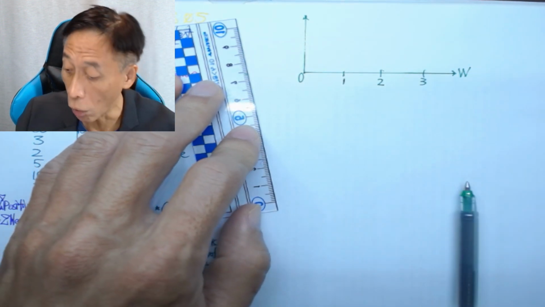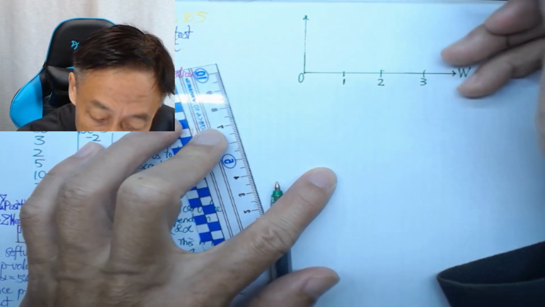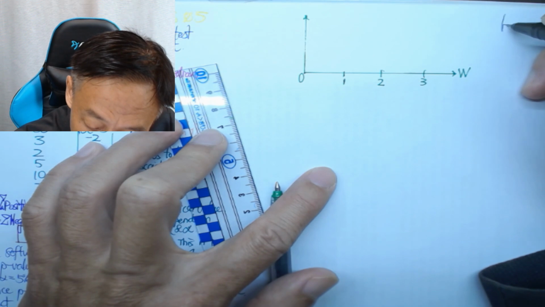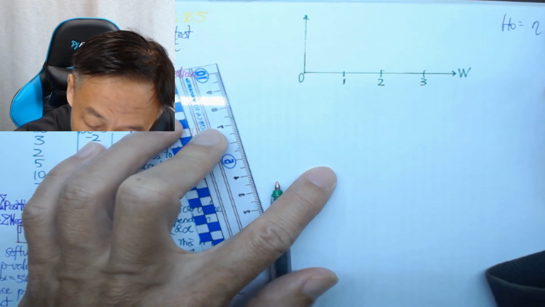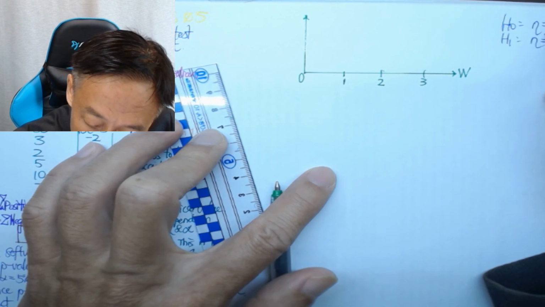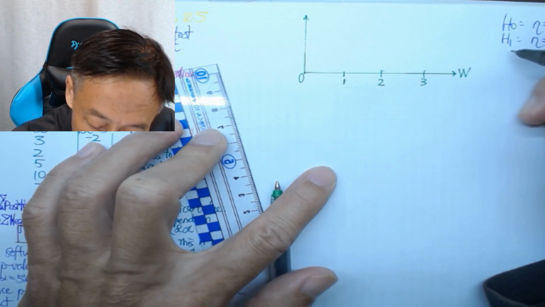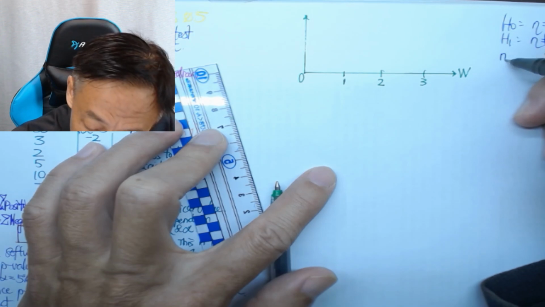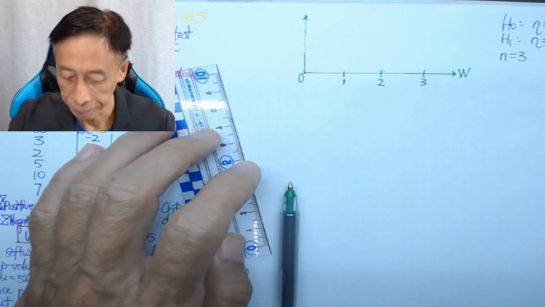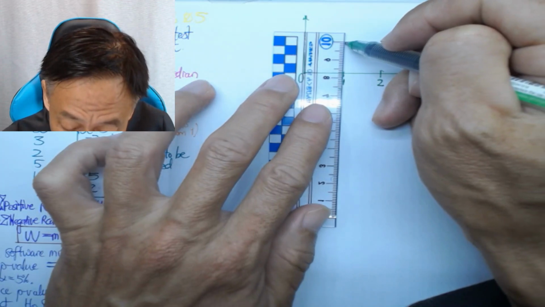I need to qualify a little bit what I am drawing. This is under the hypothesis that H naught is eta is 0, H1 eta is not 0, and for this the sample size is n equals 3. And what did I see? I saw basically something like that.